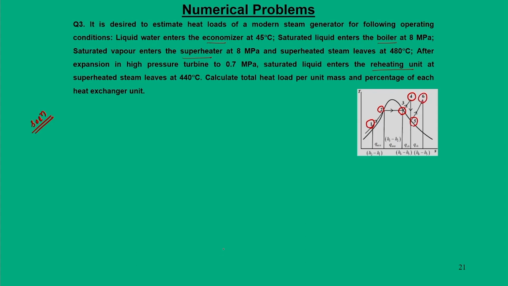So, basically we have the state point requirement, and for each state point we need to calculate the enthalpy coordinates, and for each of the enthalpy coordinates once we find out, we can equally calculate the heat load share. So, for this again it is suggested to use steam table.